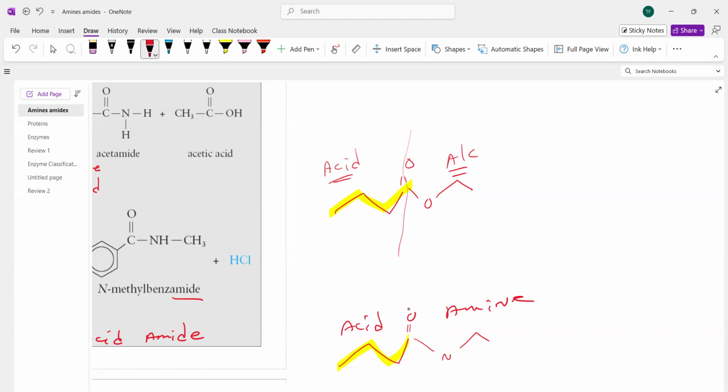And the amine part is that we have an ethyl group off the nitrogen, so we have to name that. If we name this ester, it would be ethyl butanoate. That would be the ester part. With this, we're going to name it N-ethyl butamide.